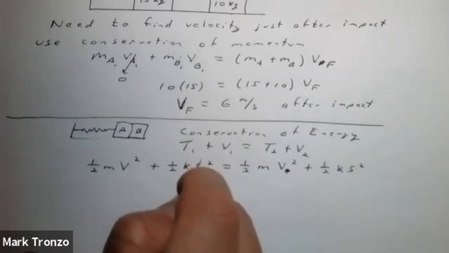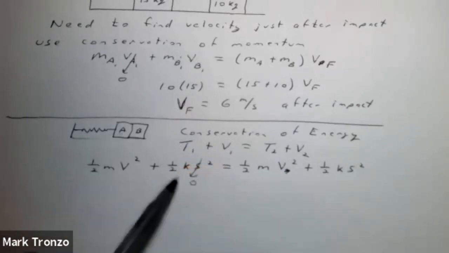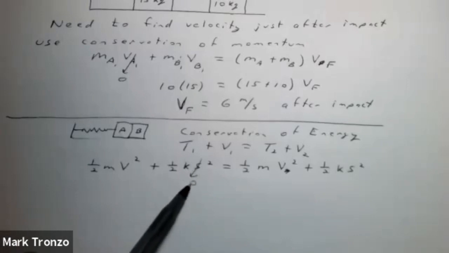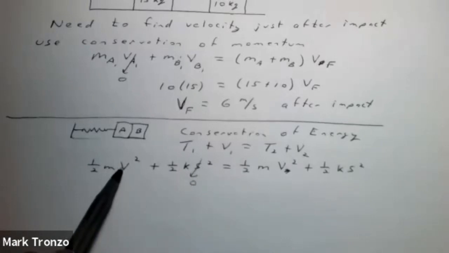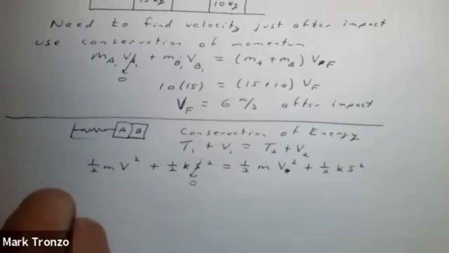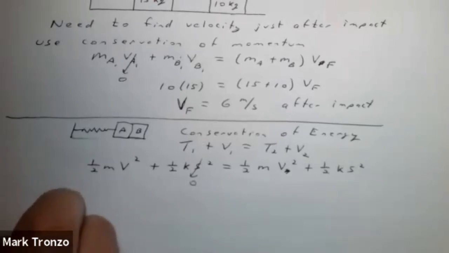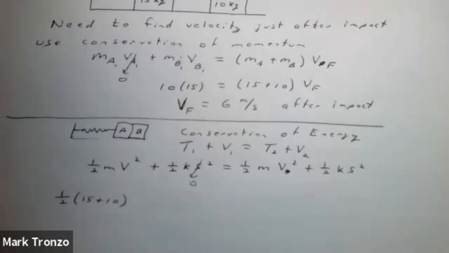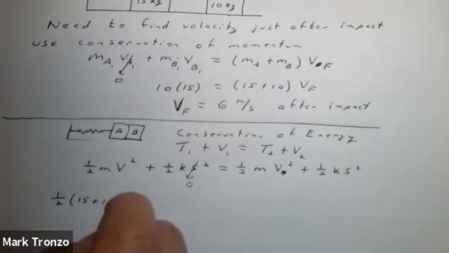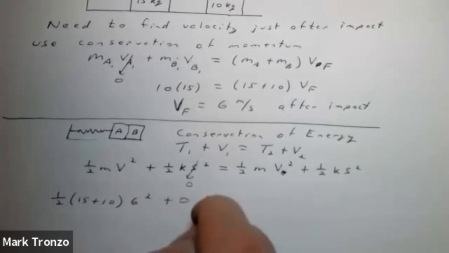So this is going to be 0 just as they're coming in contact. There's going to be no compression of the spring. And then the velocity to start with, we just calculated that. Now A and B are moving as though they're one, so it's going to be the total mass times the velocity squared, plus 0 here.